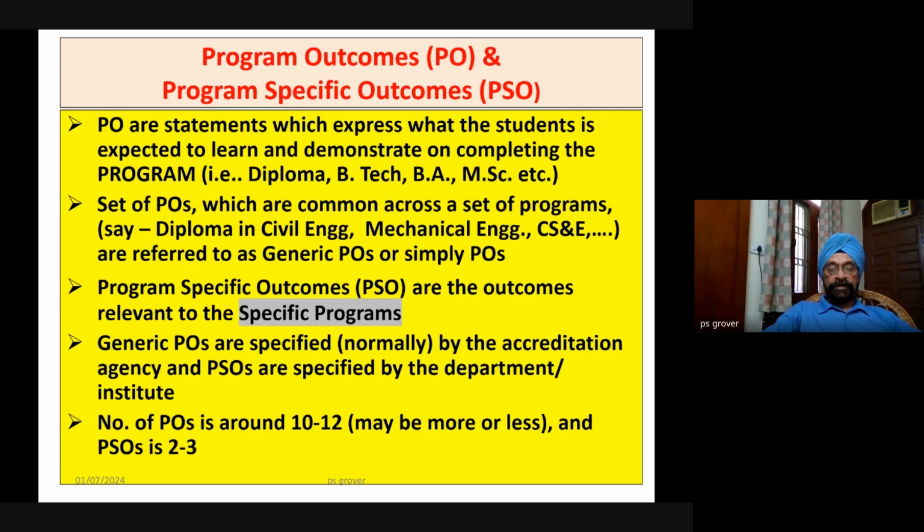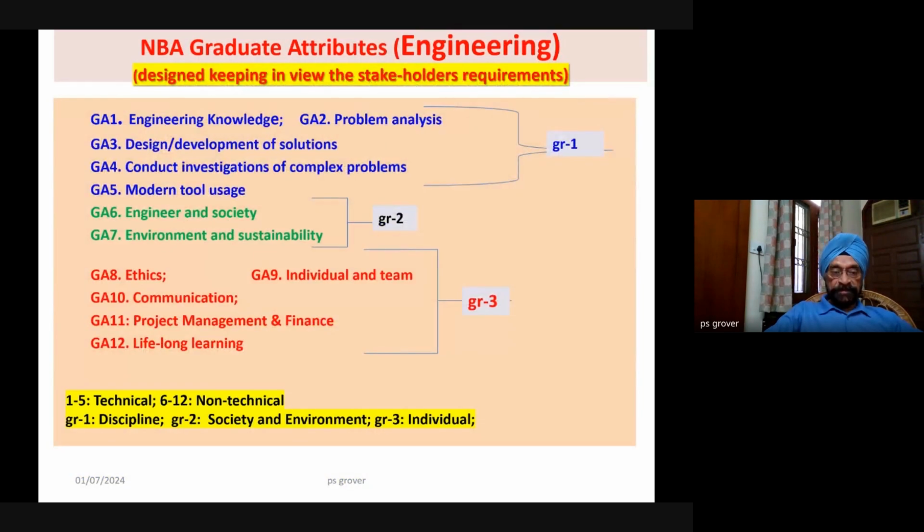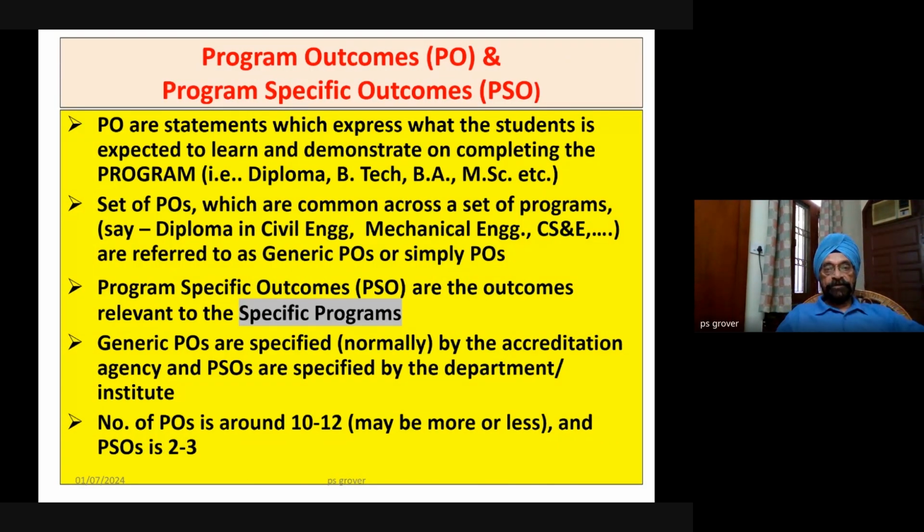Now, kindly see here, the graduate attributes help us define the program outcomes. Program outcomes are statements which express what a student is expected to learn and demonstrate on completing the program. A set of program outcomes which are common across a set of programs, for example diploma in civil engineering and mechanical engineering, are referred to as generic program outcomes, or simply program outcomes.